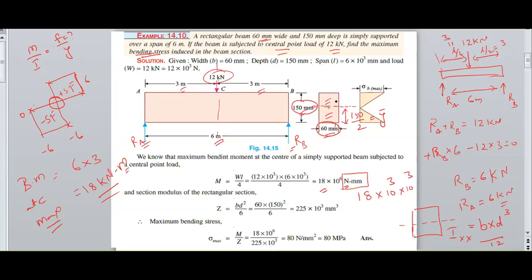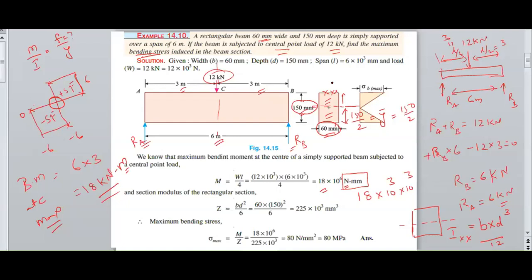So y, if I consider the outermost layer, either on the top or on the bottom from the neutral layer, both are the same. Both have the value of y, that is nothing but 150 by 2. It is symmetrical about this centroid. The height is symmetrical about this centroid.